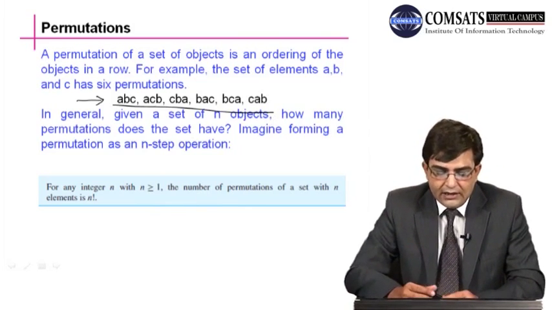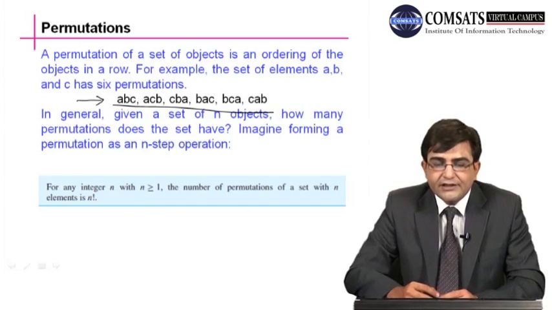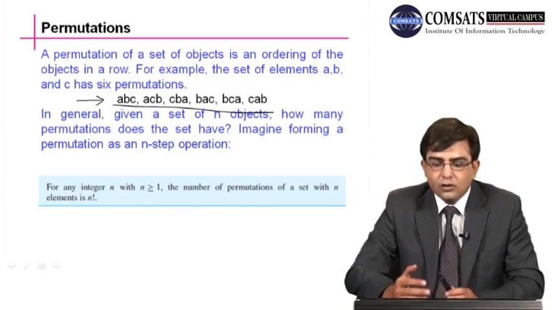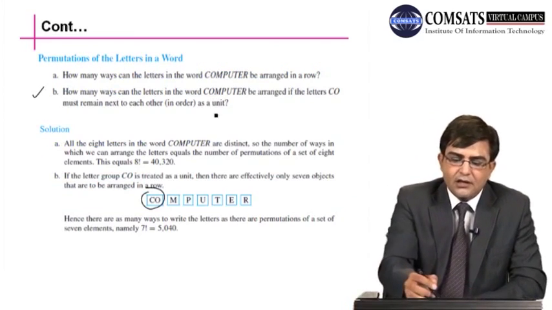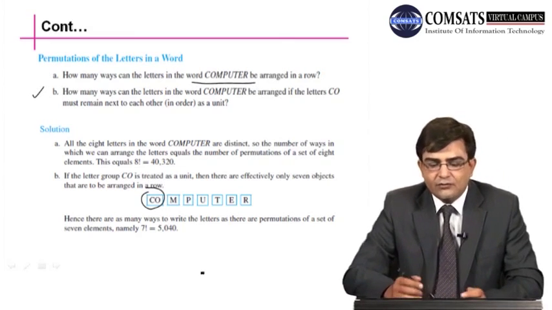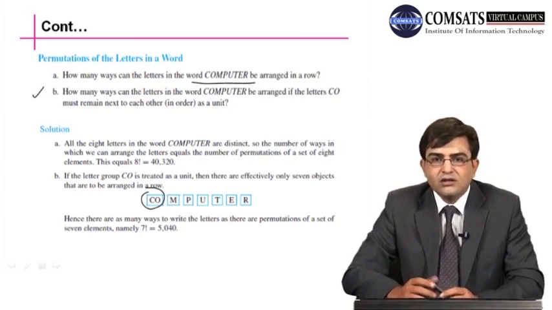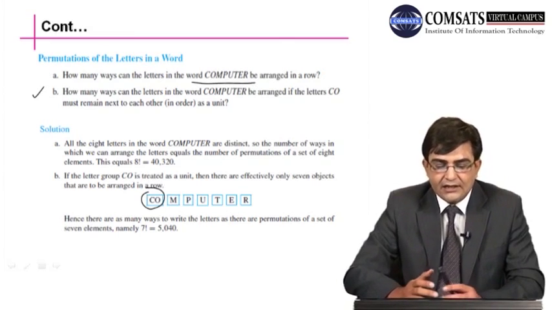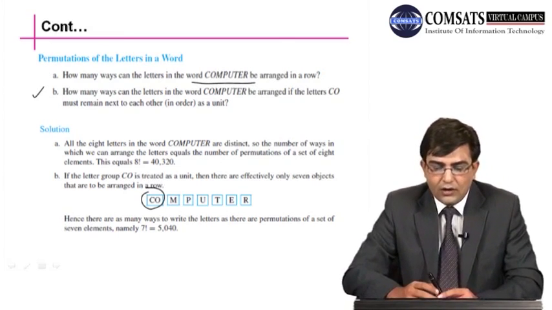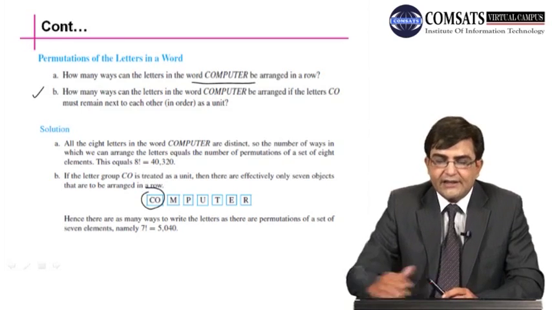We have calculated the number of permutations of the elements of the whole set. As in this example, there are 8 letters, and we have to arrange all the 8 letters and calculate the number of permutations, that is the number of arrangements. How can we write these letters?